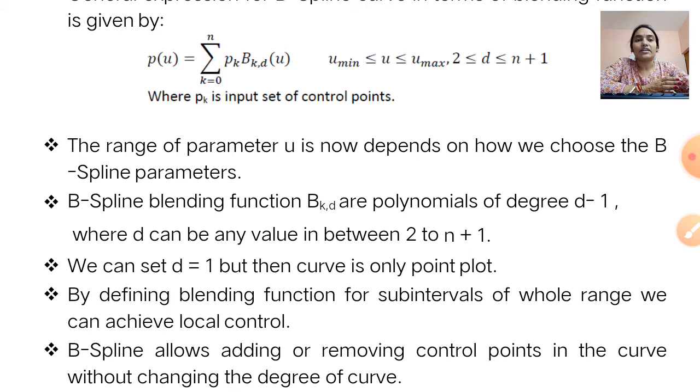The B-spline blending functions B_{k,d} are polynomials of degree d minus 1, where d can be any value between 2 and n plus 1. We could set d equals 1, but then the curve is only a single point plot.